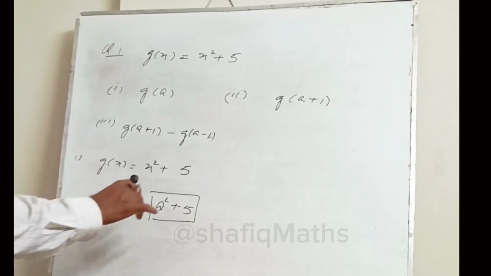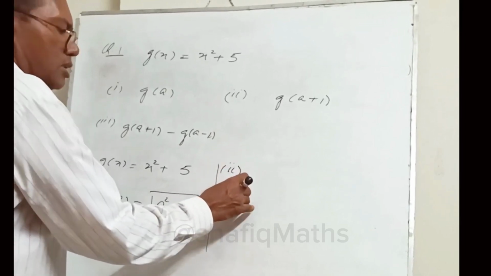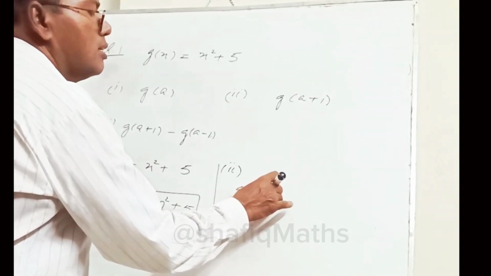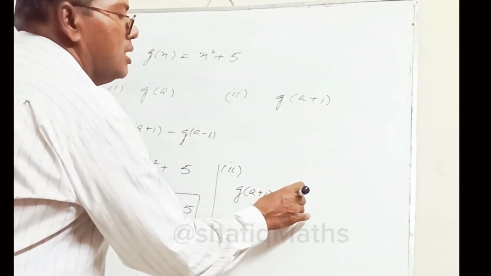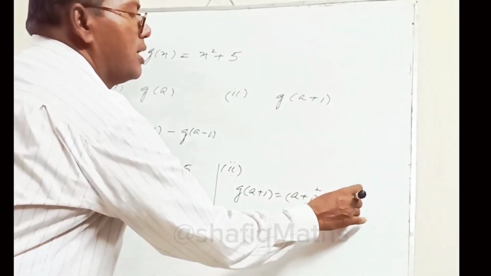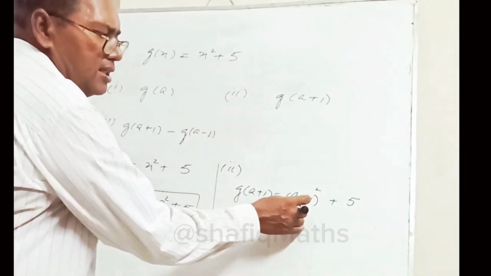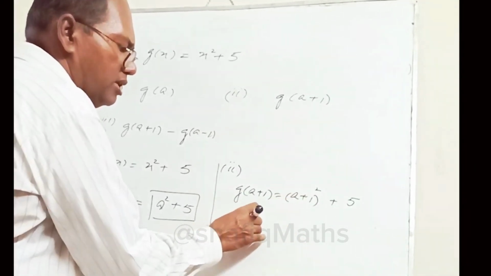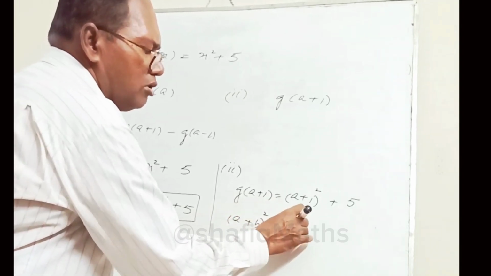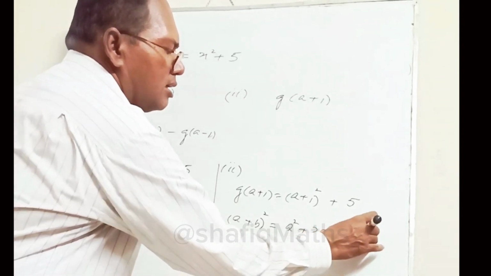Now coming to the second part of the question. g(a plus 1) equals (a plus 1) whole square plus 5. Now we are expanding this bracket by the formula (a plus b) whole square equals a square plus 2ab plus b square.